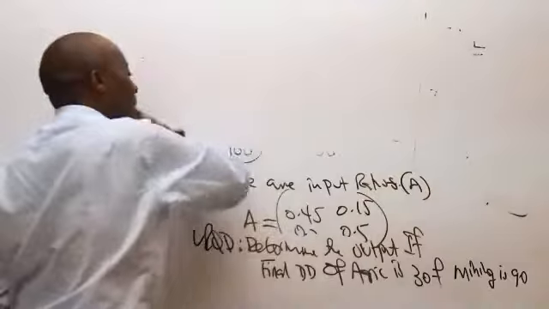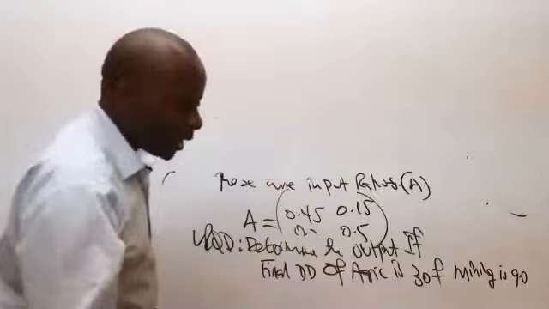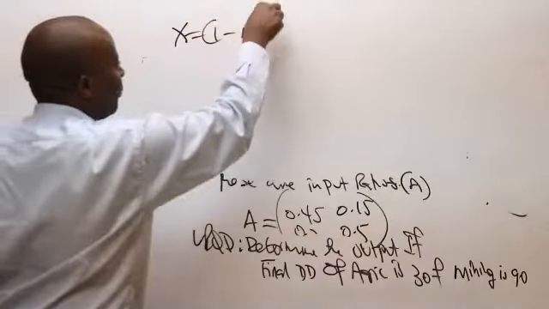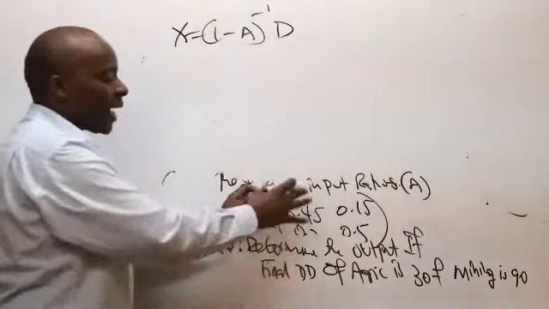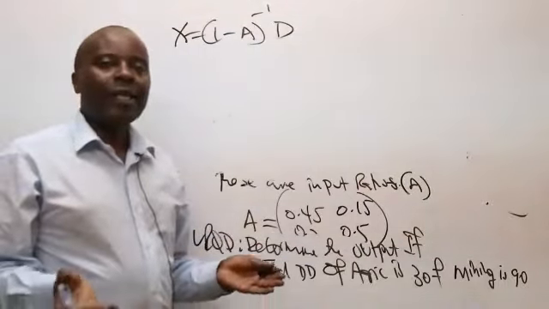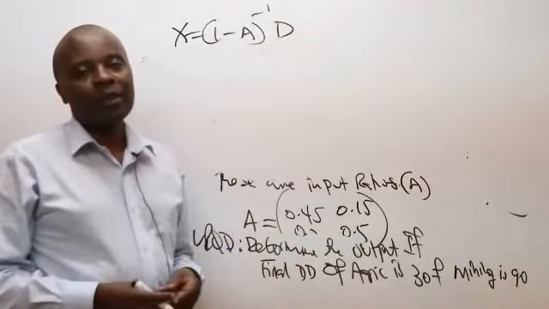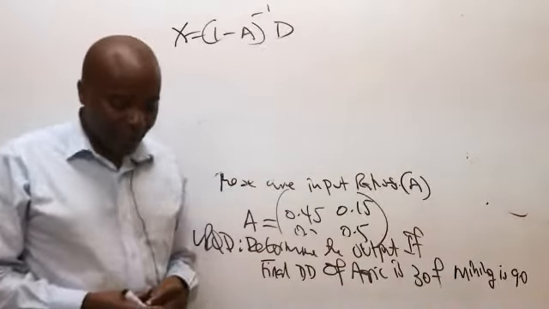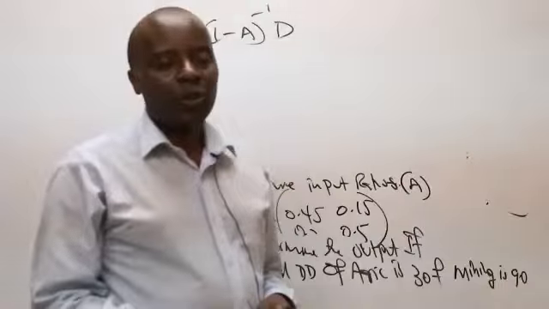Now I need to remember Leontief's inverse model, which tells me that x should be equal to (I minus A) inverse times D. Then you go through the entire process that I've just shown you a few minutes ago. So is there anybody who has a question before I tell you what next we should do?